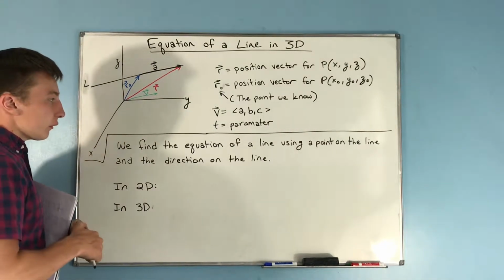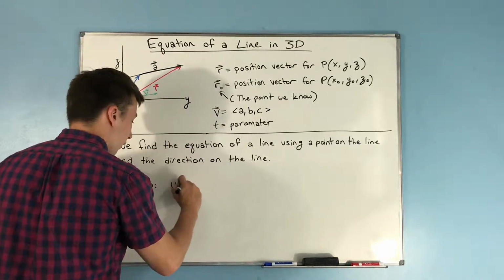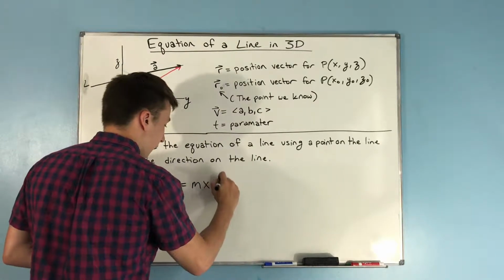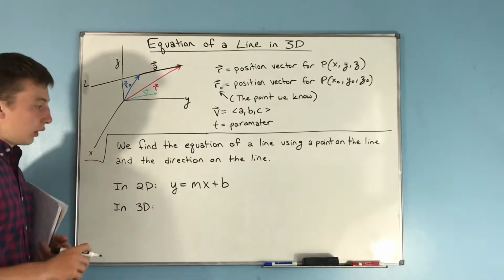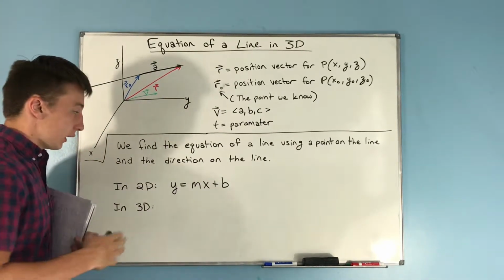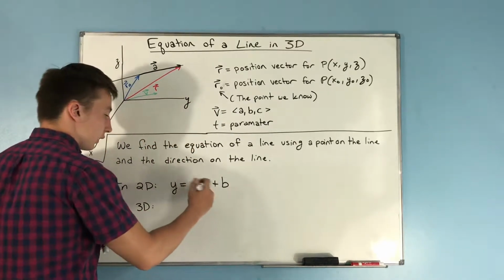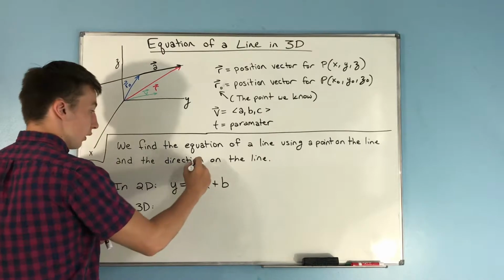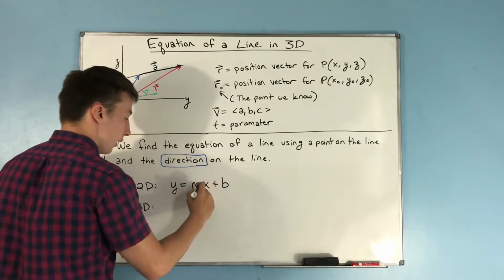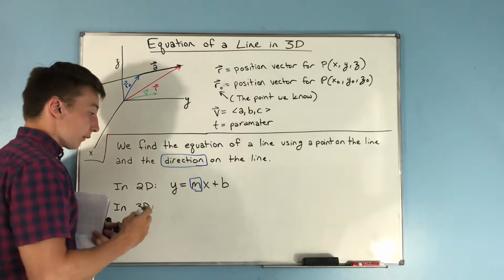So, for example, in 2 dimensions, our equation was y equals mx plus b. We could actually solve and figure out this equation using the direction. We find that with the slope.